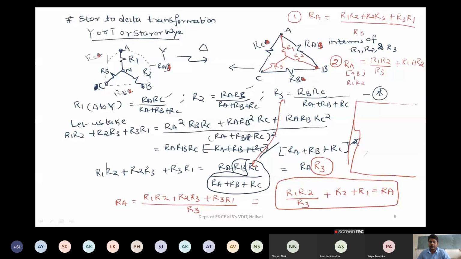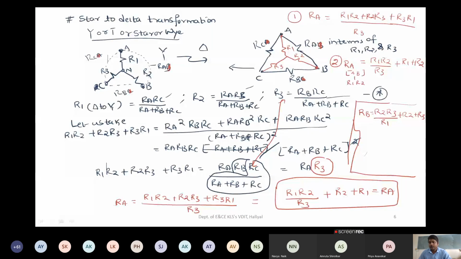Similarly, how can we define RB? I want RB. That means the resistors connected to node B and node C. I can take the product of R2 and R3 divided by R1 plus R2 plus R3. That's all.